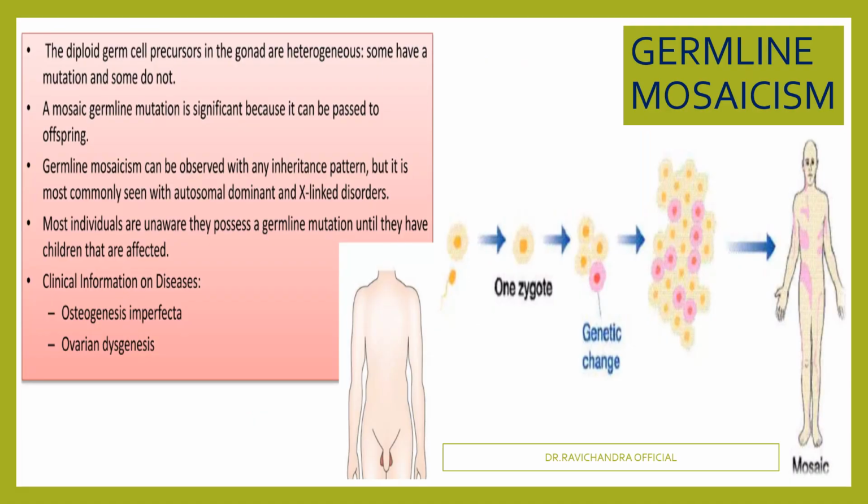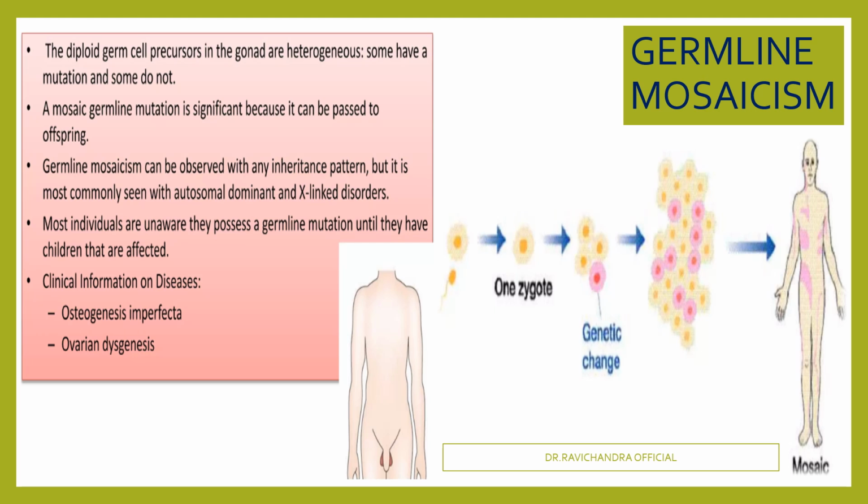And the last one among the non-Mendelian inheritance is germline mosaicism. The diploid germ cell precursors in the gonads will be heterogeneous. Some will have a mutation and some will not. A mosaic germline mutation is significant because it can be passed to offspring.